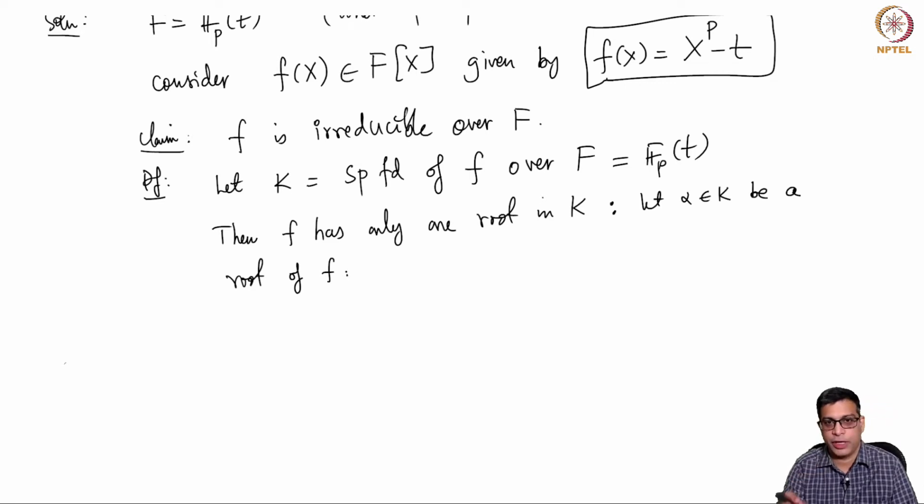So, let us pick one of them, called alpha. So, we have alpha^p equals t. Now I claim that there can't be any other root.